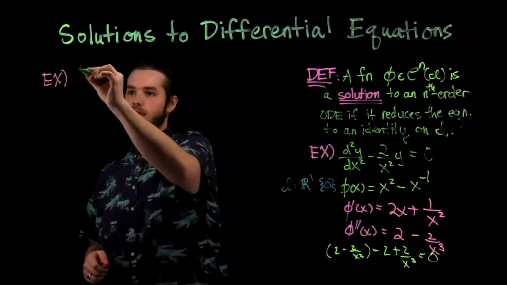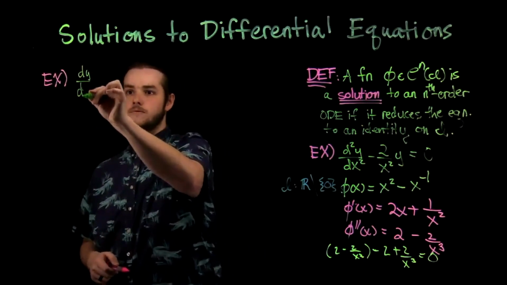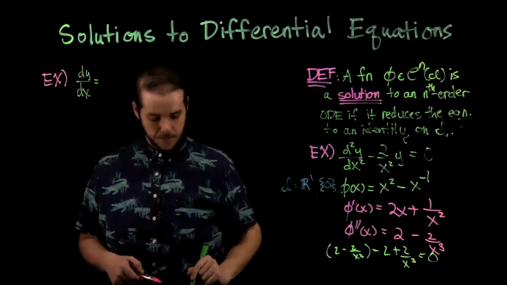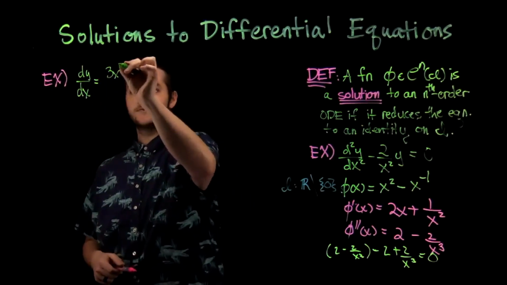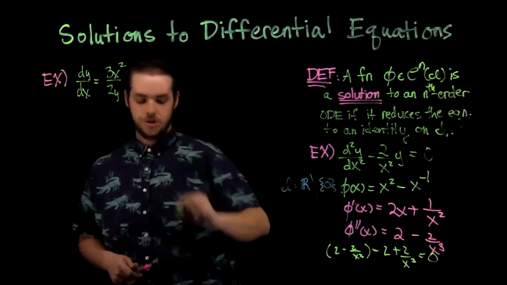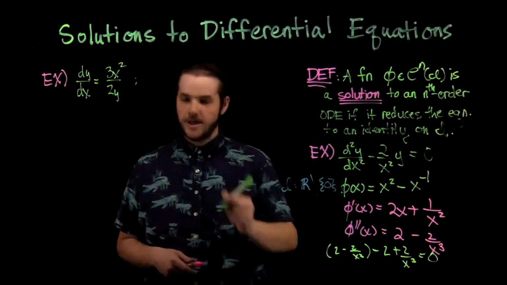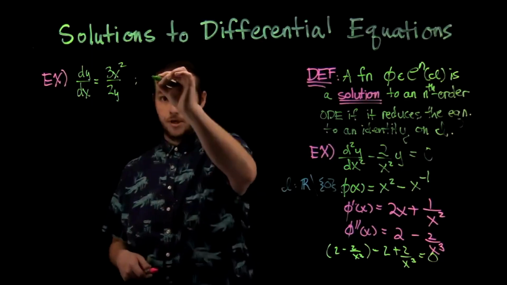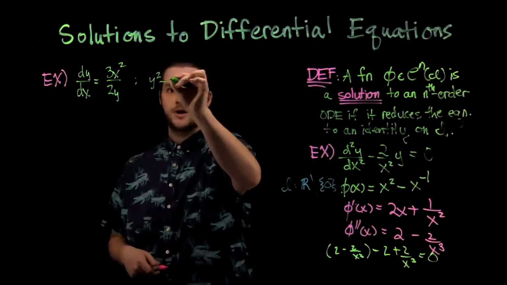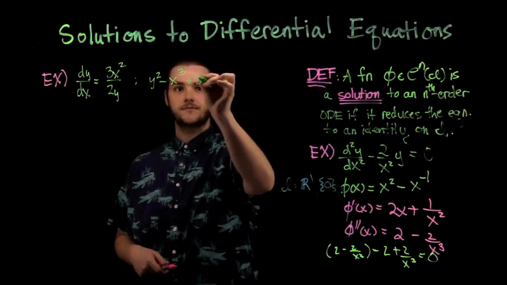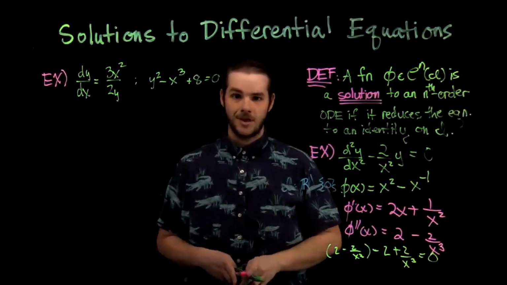This time, let's look at dy dx equals 3x squared over 2y. And this time, I am claiming that there is an implicit solution, y squared minus x cubed plus 8 equals 0.